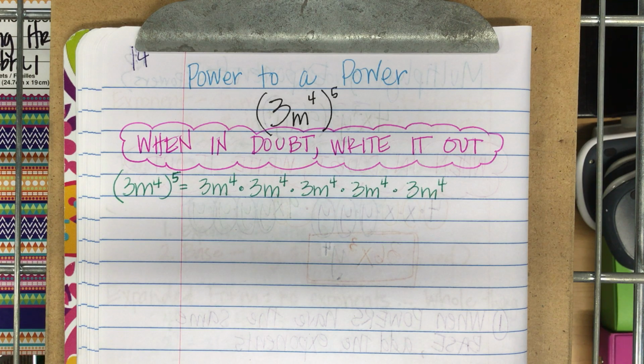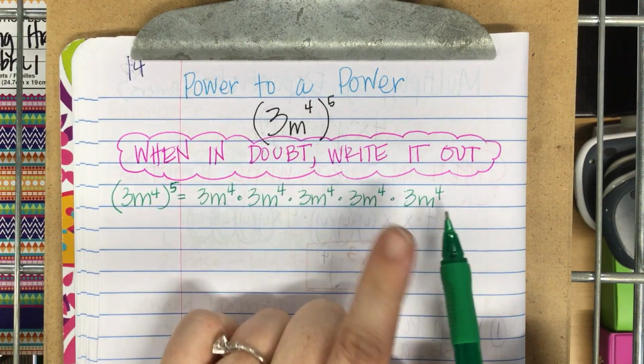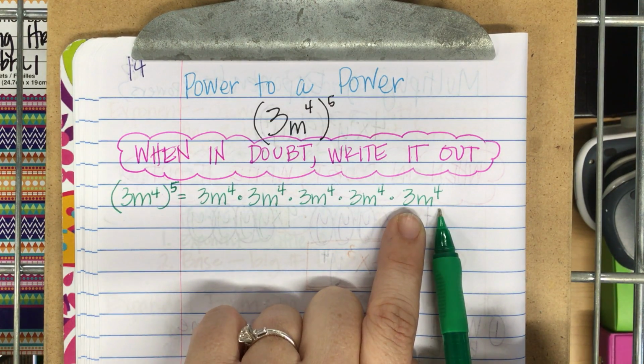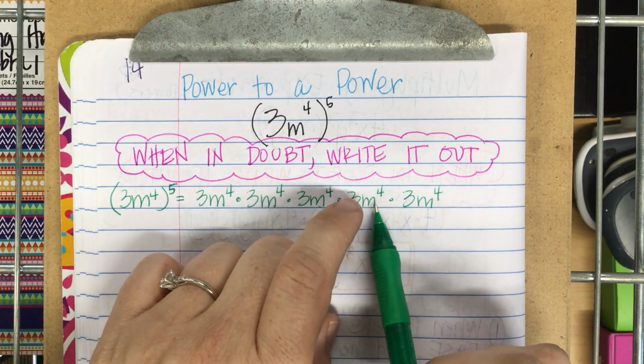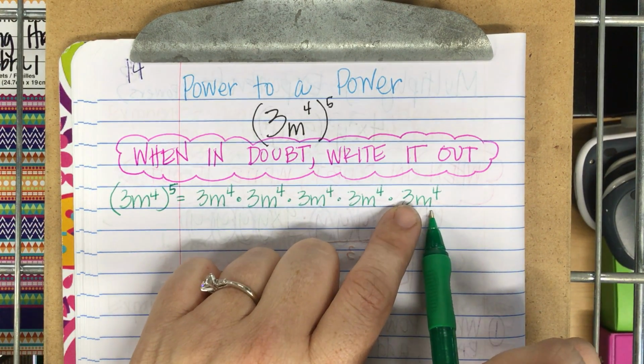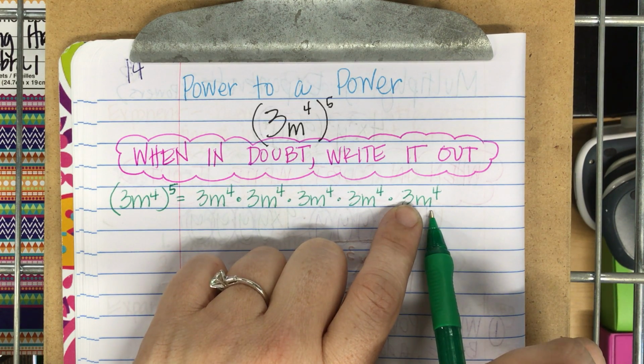And if you were a student yesterday that figured out the trick, this is now a power times a power times a power times a power times a power, right? You could use the shortcut from yesterday.